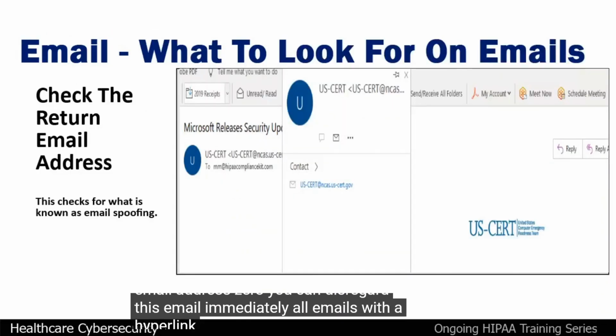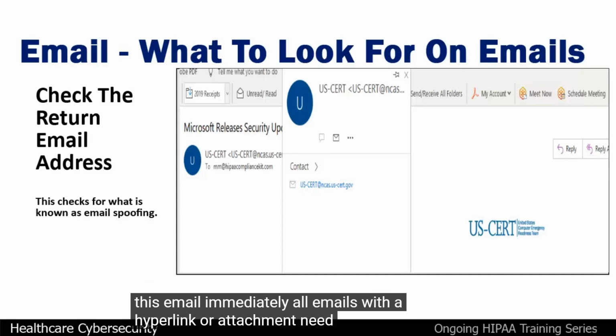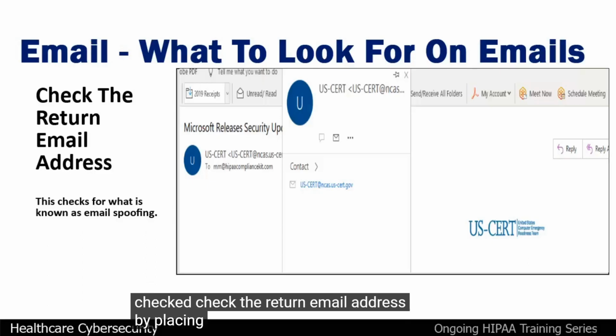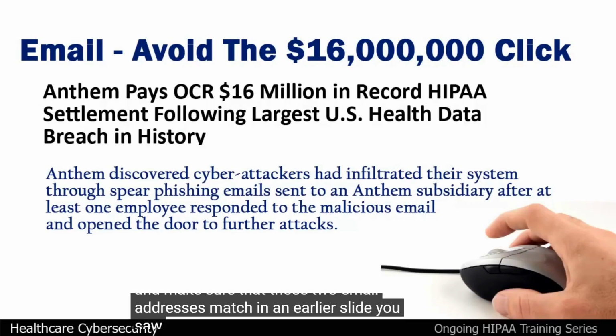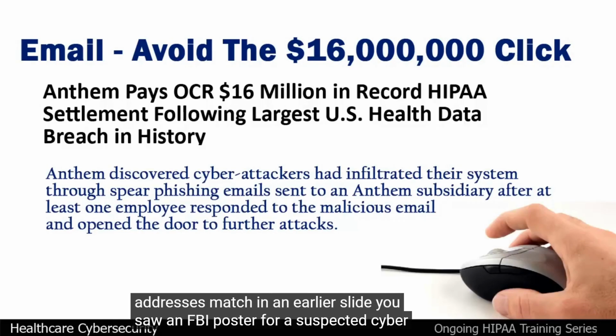All emails with a hyperlink or attachment need to be checked. Check the return email address by placing your mouse cursor over the return email. A dialog box will appear, and make sure that those two email addresses match. In an earlier slide, you saw an FBI poster for a suspected cybercriminal.